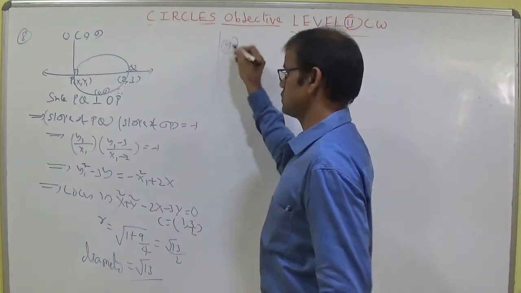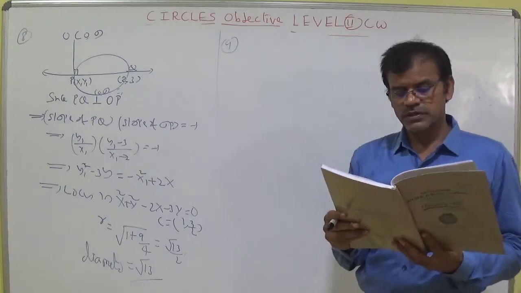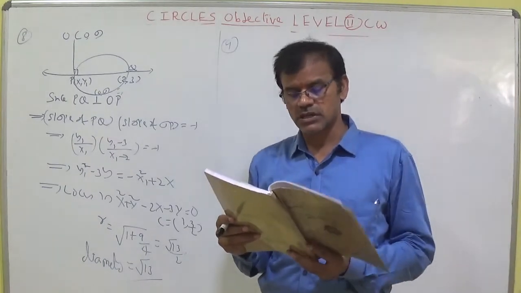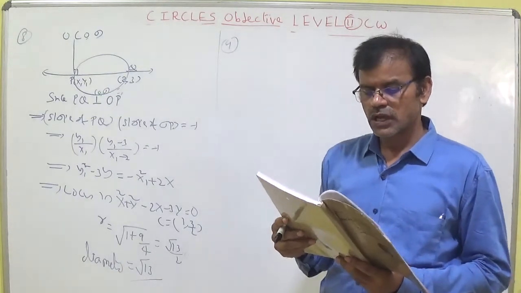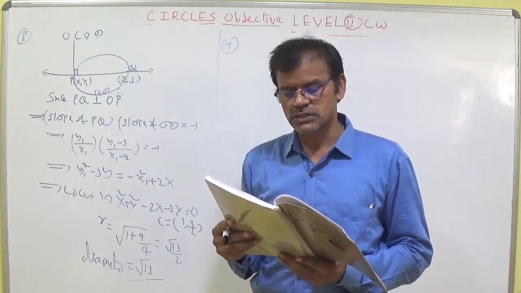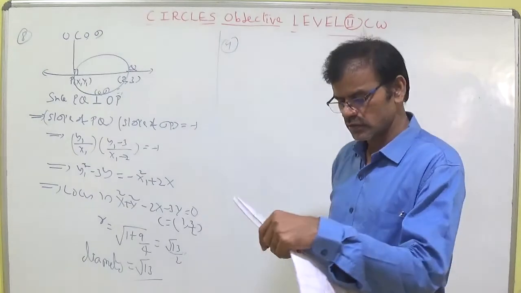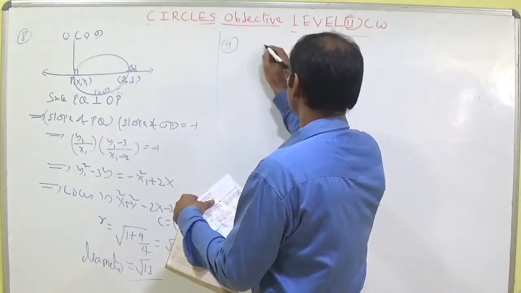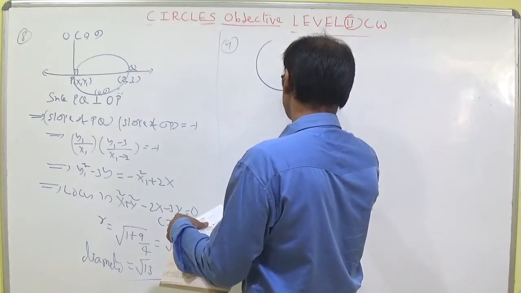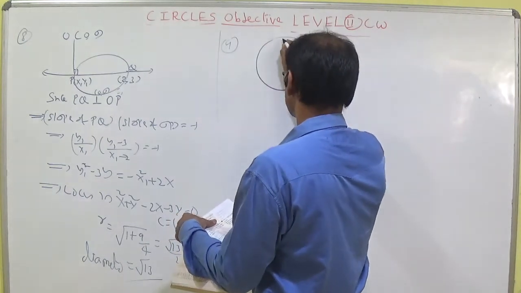Now, ninth question. A square is inscribed in the circle whose diagonals are parallel to axis and vertex in first quadrant is A, then OA is equal to... Draw like this.